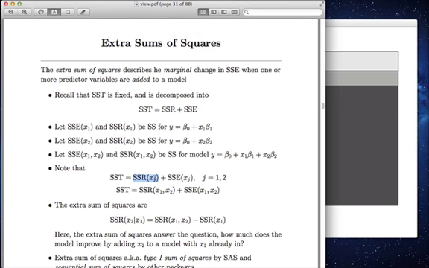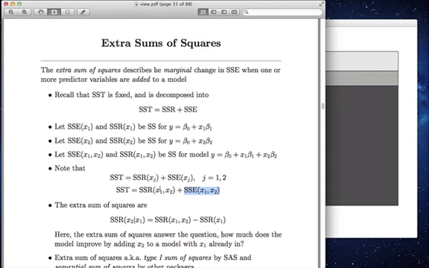So SSR of x sub j is how much is explained by a model with just x sub j in it. SSE of x sub j is what is unexplained by a model with just that variable in it. Then if I add these commas, this will be what is explained by both predictors, and this is what is left unexplained by both predictors.